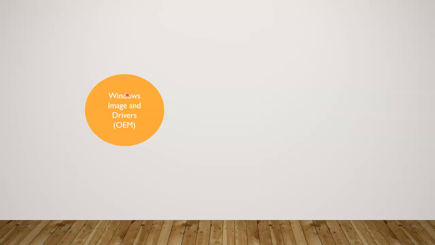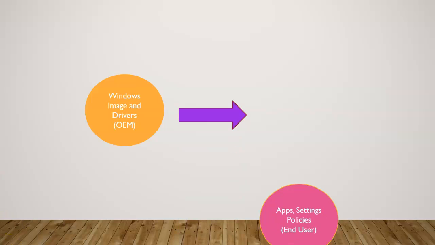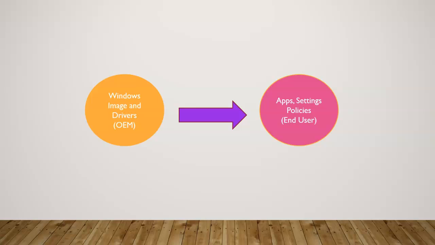These are the people who give you the physical devices. They give you a Windows image along with the drivers, and after that we apply the required settings and policies and give it to the end user. This is the overall high-level process.